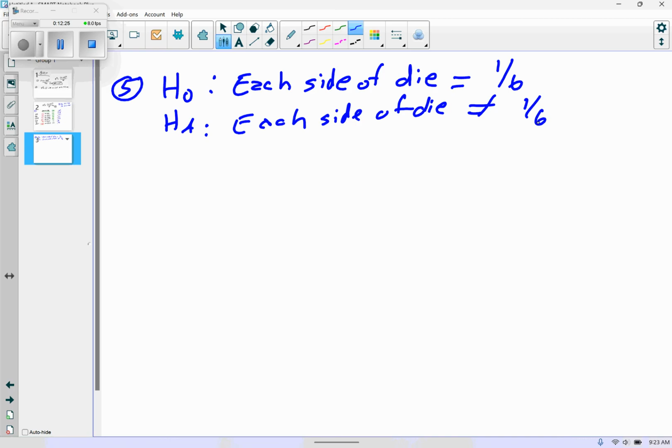That's kind of simple, isn't it? Why is it 1 in 6? Well, there's 6 sides. What if it lands on the edge? We don't count it. All right, and then create a table.